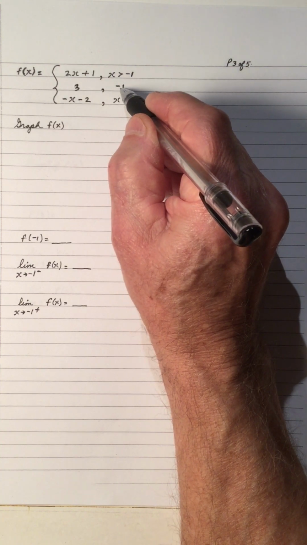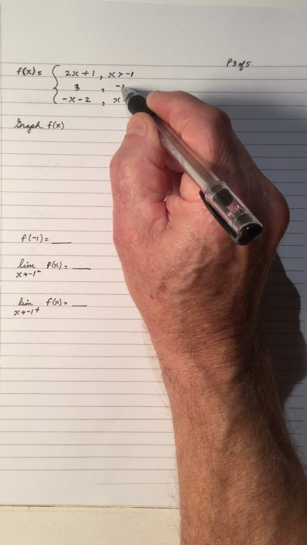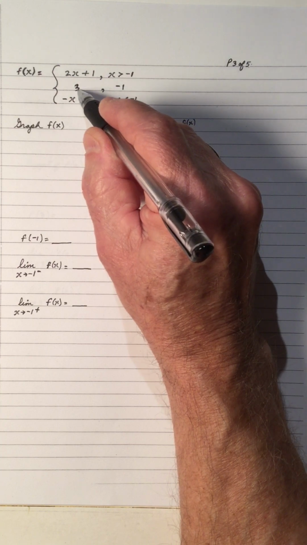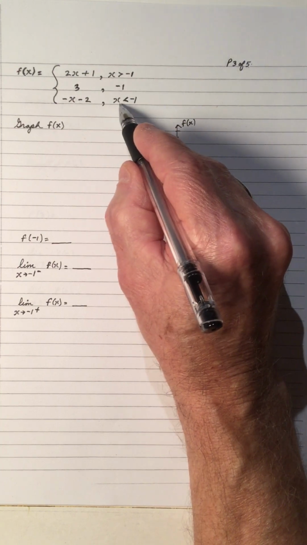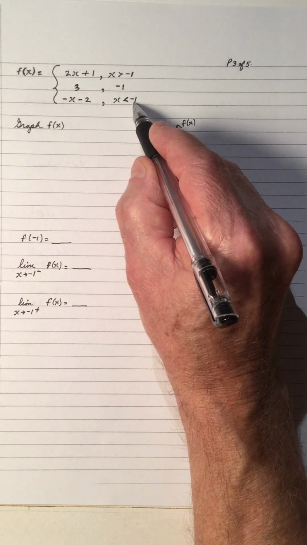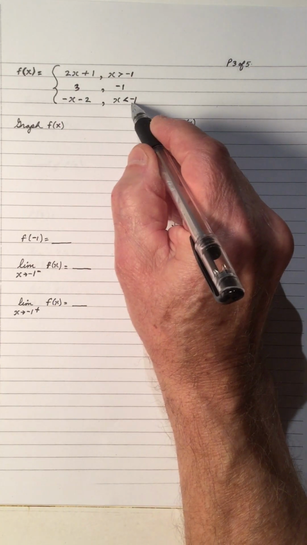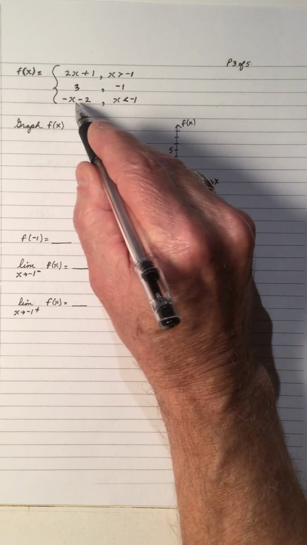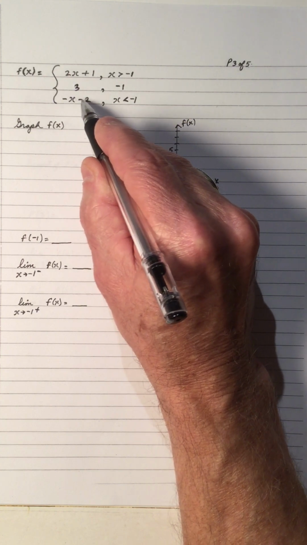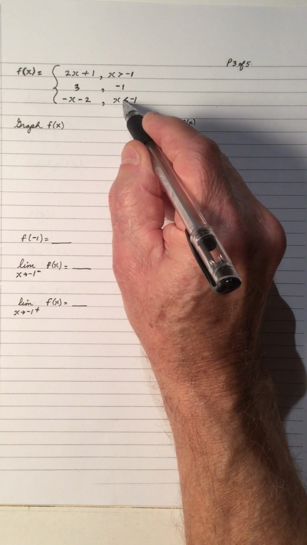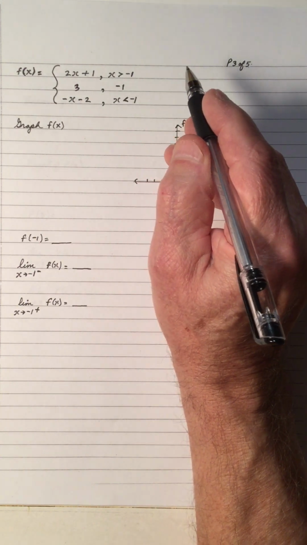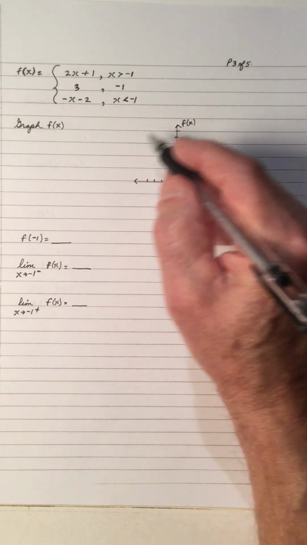And when x is negative 1, y is 3. And here we have x is less than negative 1, so we're on this linear. And again, this point at negative 1 in this function is not included. It's a hollow dot.